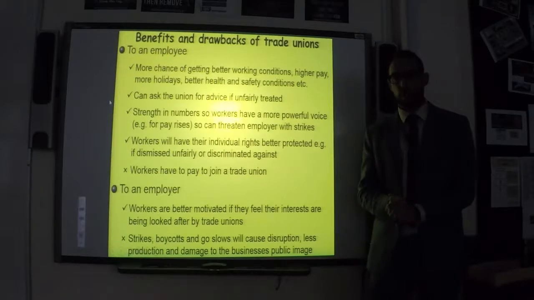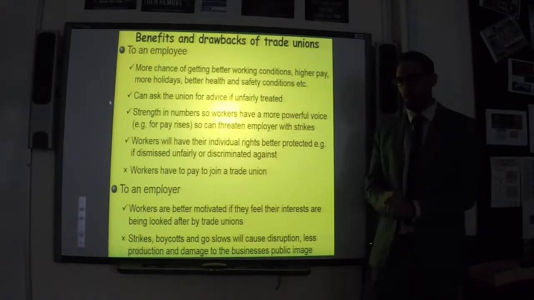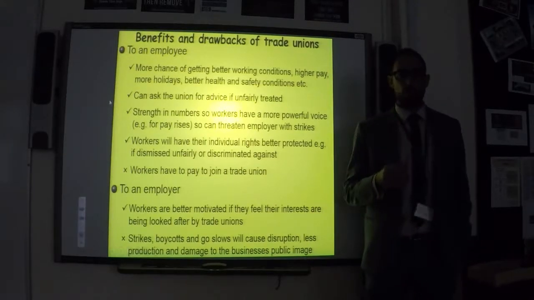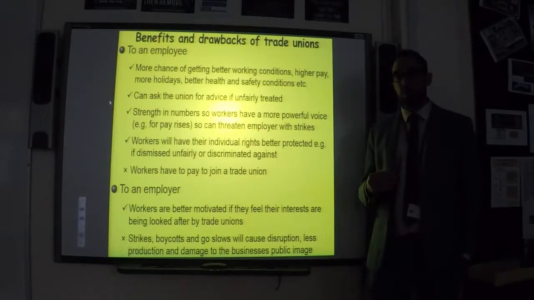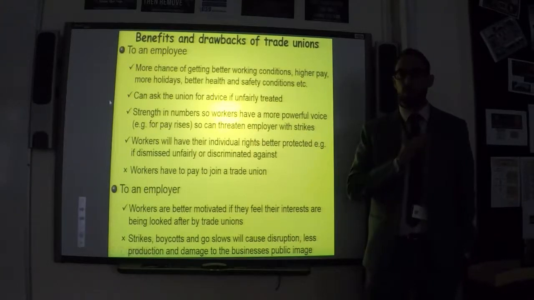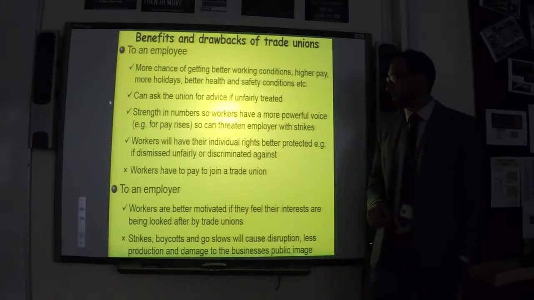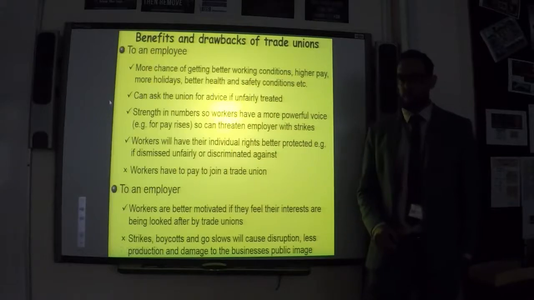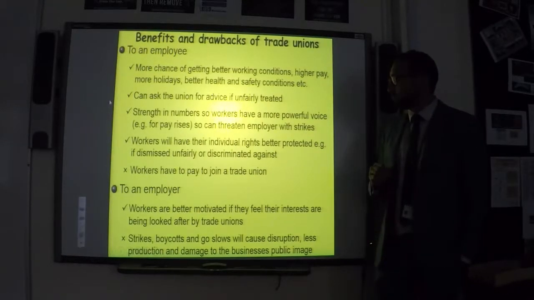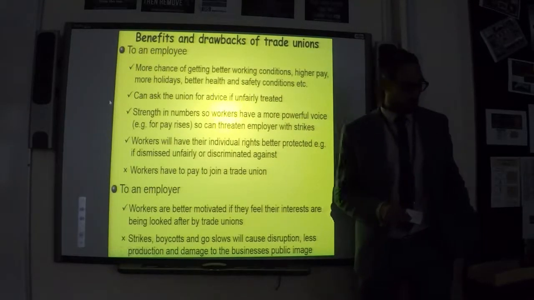Imagine how angry you're going to feel towards British Airways because their staff have striked. Okay, so strikes can cause major disruption and problems to businesses, and they can do huge damage to a business's reputation. So strikes are big, big bad news for businesses.